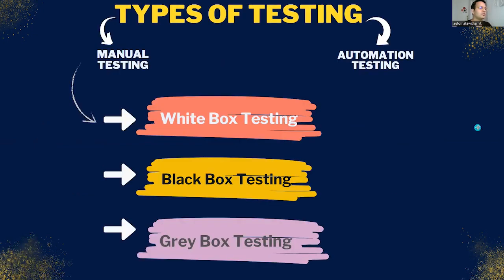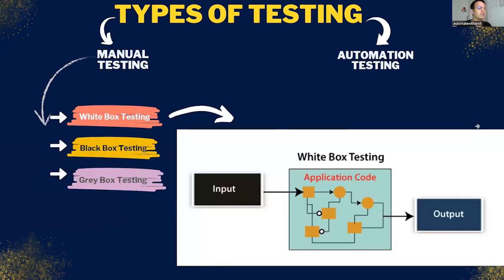Okay, so let's go ahead with manual testing, because we will be discussing manual testing and automation testing in the ways to perform the testing. Manual testing basically can be categorized in further 3 categories, which are white box testing, black box testing, and gray box testing. White box means whatever code has been written by the developers and whatever application has been developed, the code of it is available to test.